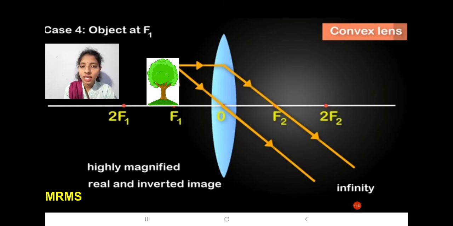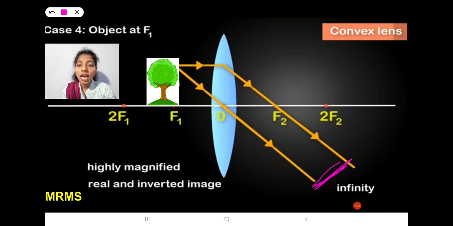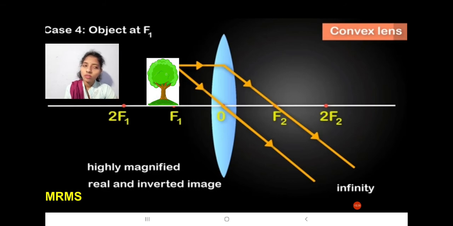The image is at infinity, and you can observe here the two rays are parallel to each other. Here the image is highly magnified, and a real and inverted image will be formed. What is the position of the image? The image is at infinity. When we take the object at f1, we will observe the image at infinity.